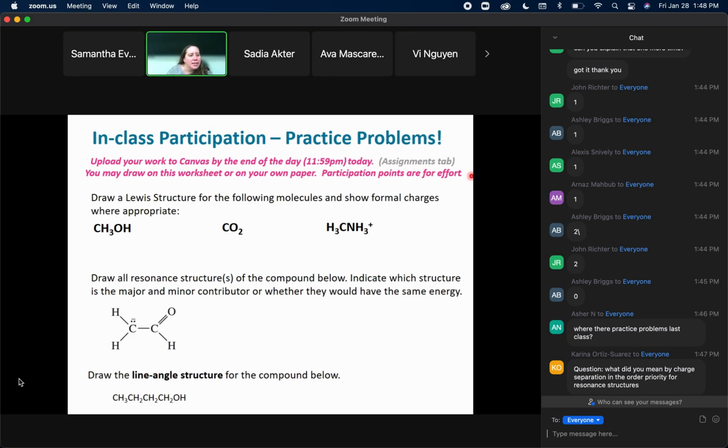Okay, Karina has asked in the chat box, what did you mean by charge separation in the order of priority for resonance structures? I'm going to try to do this verbally without moving the slides, but I'm not sure how well I'm going to do without pictures to point at. Each formal charge is associated specifically with an atom within a molecule.